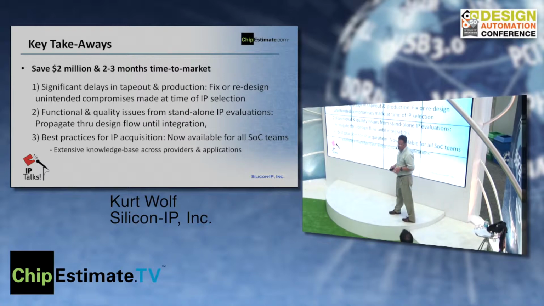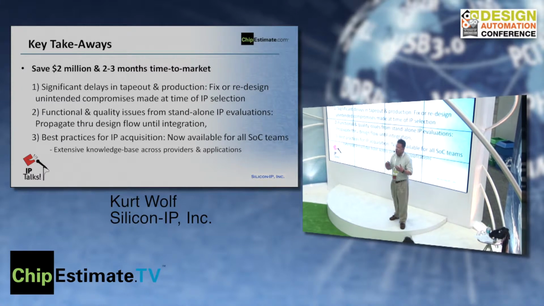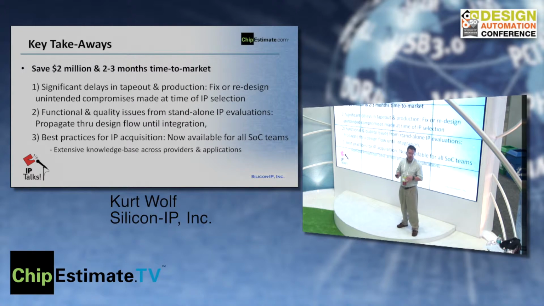Based upon the deliverables we've provided to our customers in the past and at previous conferences where we've discussed these trade-offs, one thing to take away is that by implementing a methodology, whether it's the one I'm showing here or the one that you have, but continually enhancing it, you're going to be able to save a couple million dollars on every tape out and a couple of months of time to market.